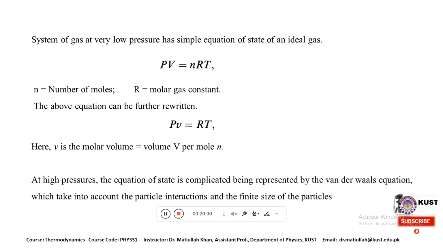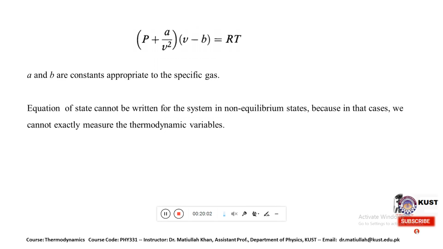And again the equation (P + a/v²)(v − b) = RT is for a system in equilibrium, but at high pressure. Anyhow, this is something about thermodynamic equilibrium, which is the combination of thermal equilibrium, chemical equilibrium and mechanical equilibrium, and the equation of state, and how we can define any particular thermodynamic system.